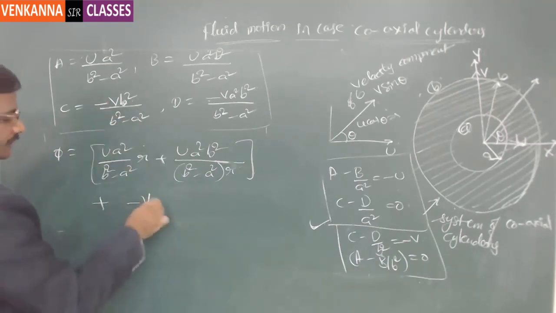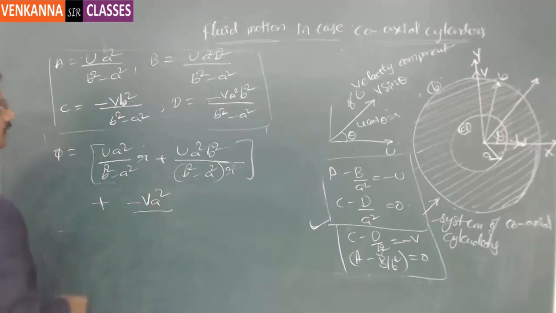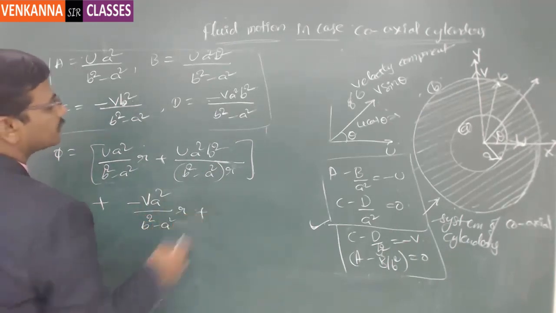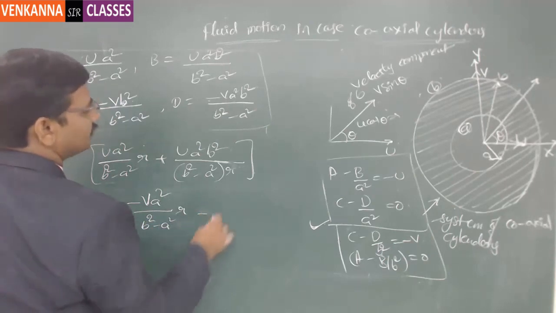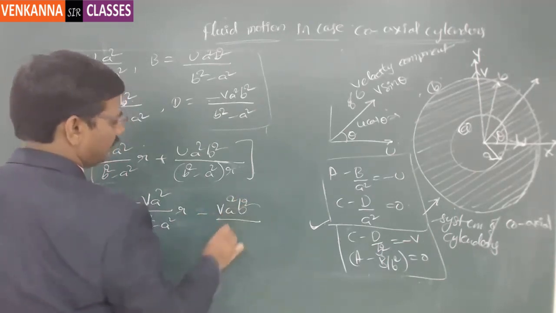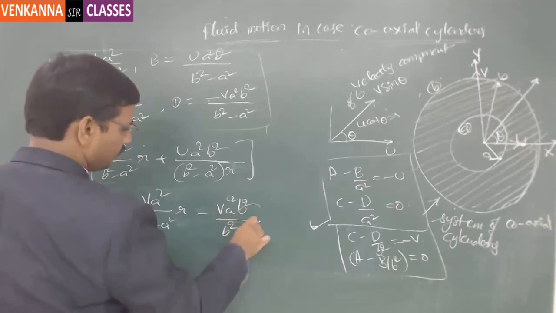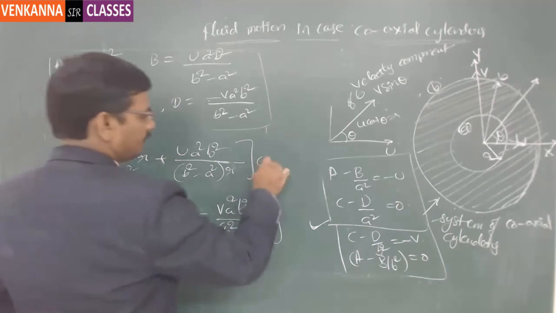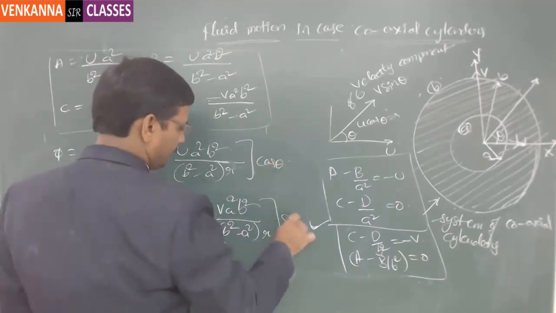So we take with a square first: v minus v a square, b square minus a square times r, plus minus v a square b square divided by b square minus a square into r. And here it is cos θ and here it is sin θ.